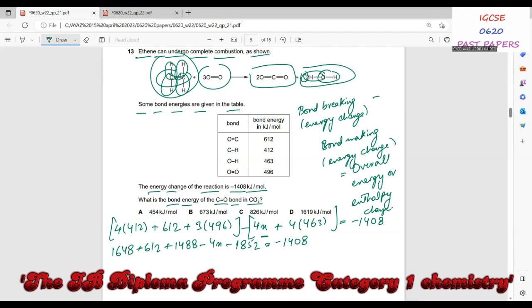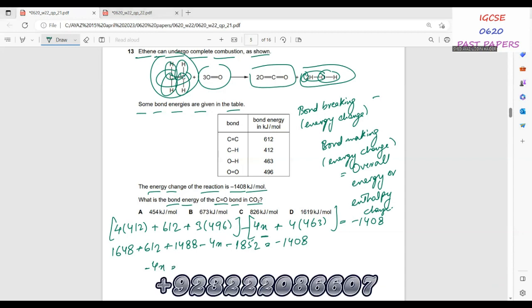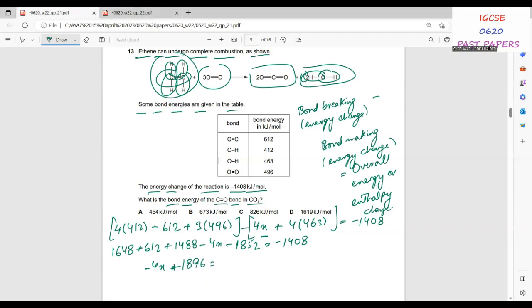After addition and subtraction, we will get minus 4x, 1648 plus 612 plus 1488 minus 1852, we'll get plus 1896. 1896 minus 4x is equal to minus 1408.